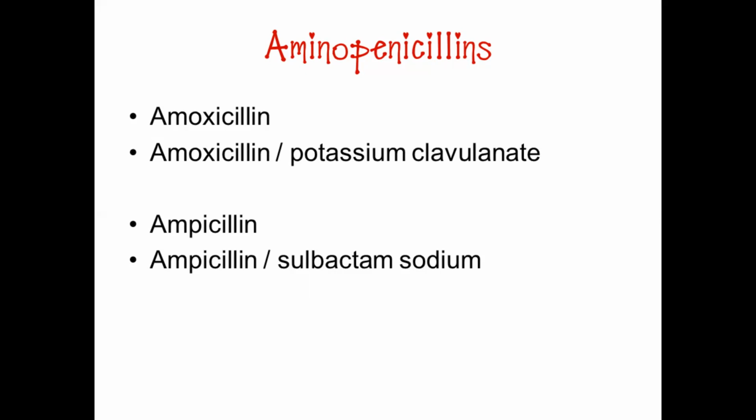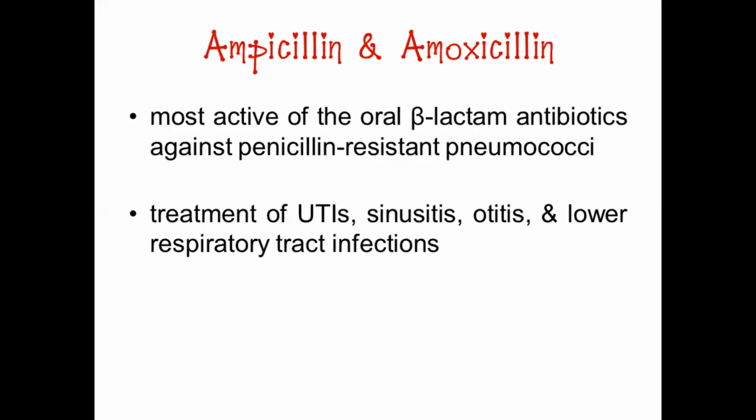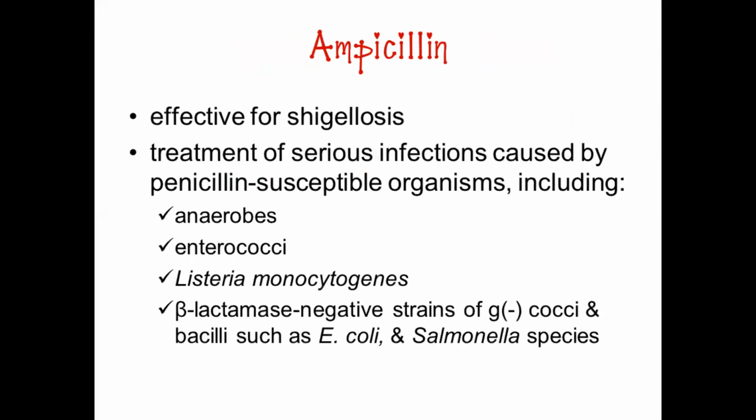Okay. So ampicillin and amoxicillin are the most active of the oral beta-lactam antibiotics against penicillin-resistant pneumococci for the treatment of UTI, sinusitis, otitis, and other lower respiratory tract infections.